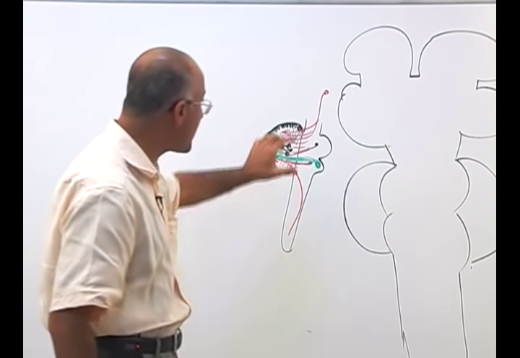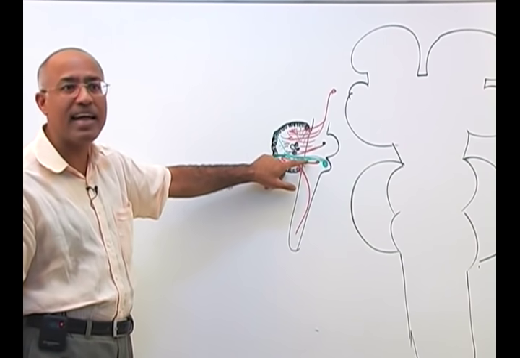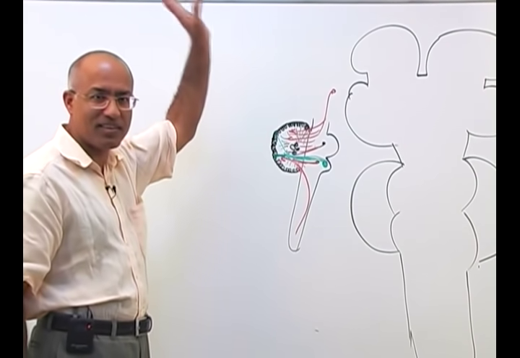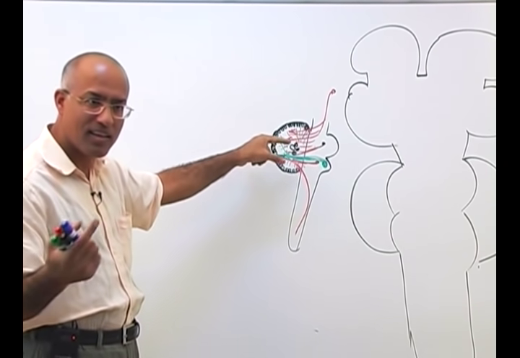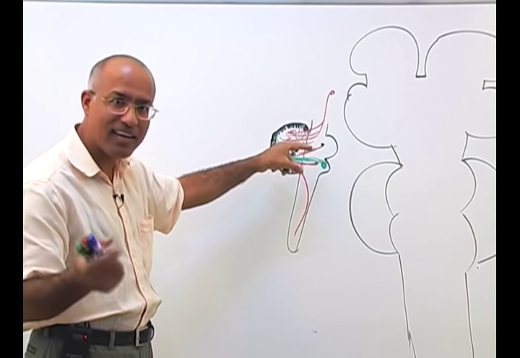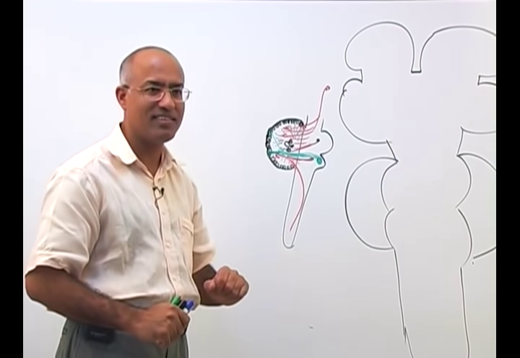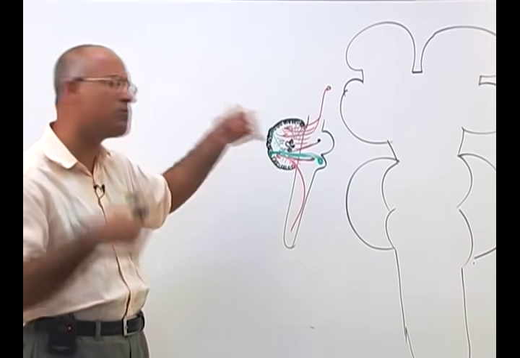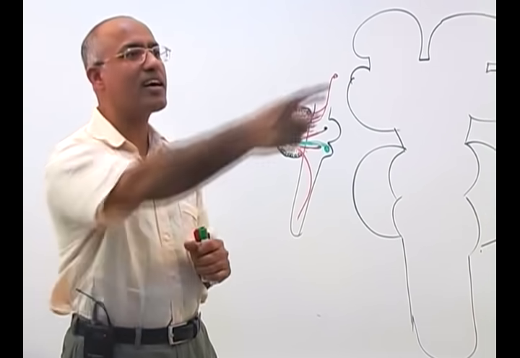All fibers which enter into cerebellum are classified into two: inferior olivary fibers and all other fibers. Inferior olivary fibers are climbing fibers and release aspartate, and all other fibers, whatever their name, they are called which fibers?